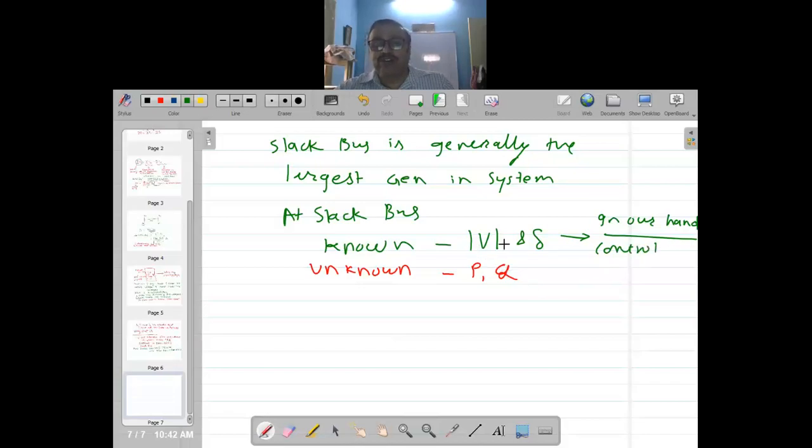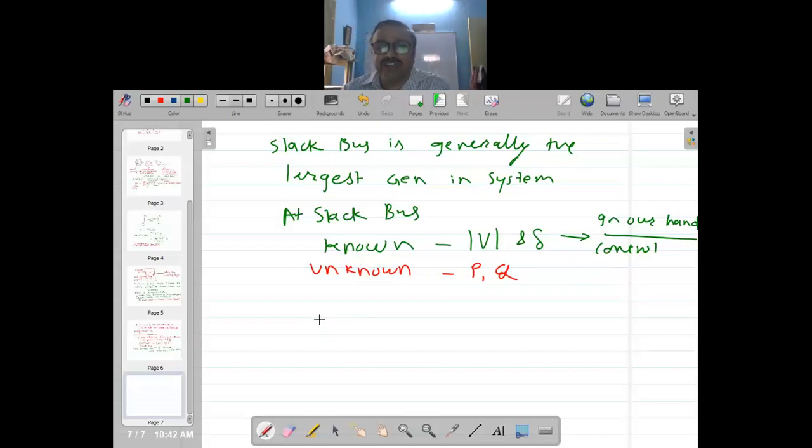So if we have the largest generator, then it is possible that we will be able to control its voltage magnitude. That is the important part.